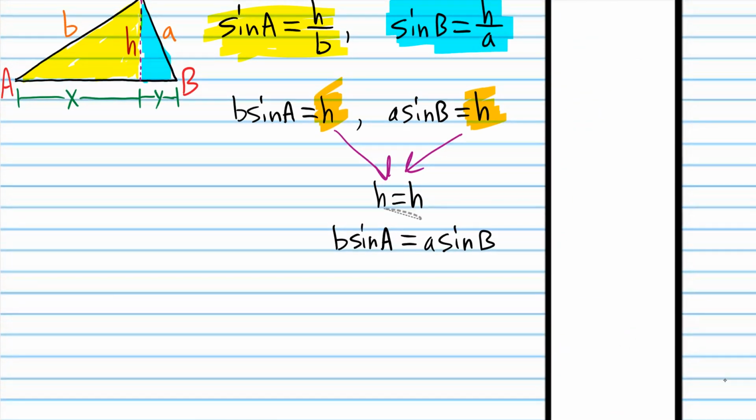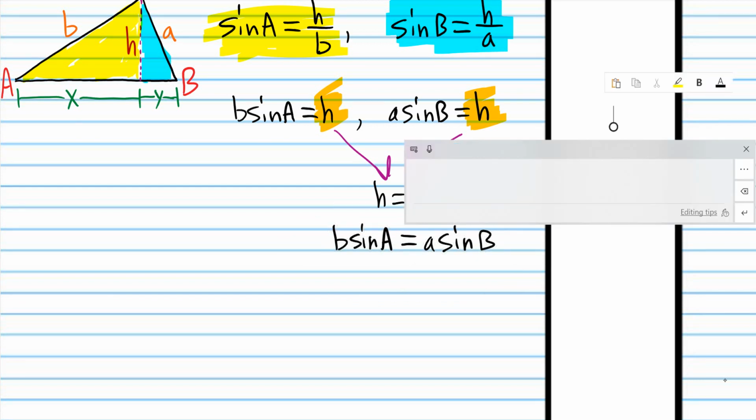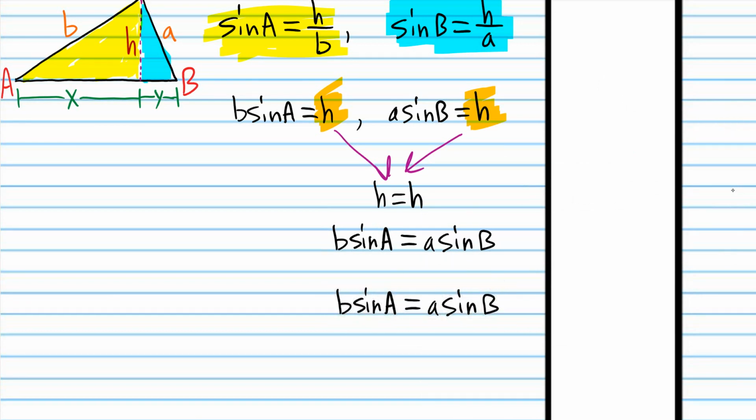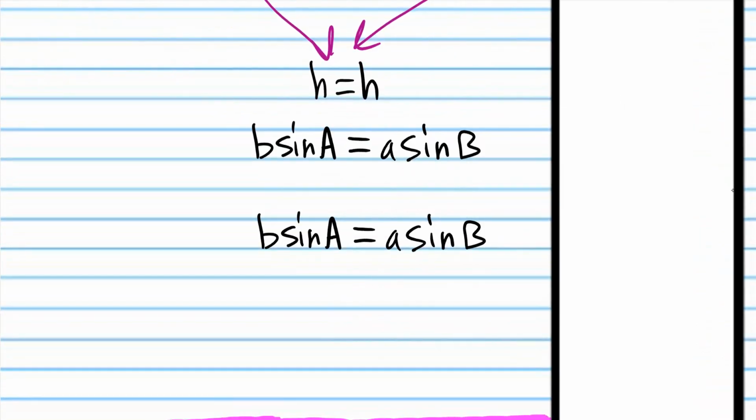Now, it would probably be easier to understand if we did this in more than one step, but again, you're not really going to have to know how to do this, so I'm just going to do it in a quicker way. I'm going to divide both sides of the equation by ab.